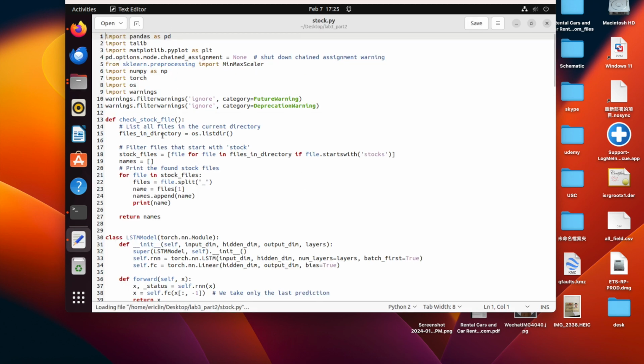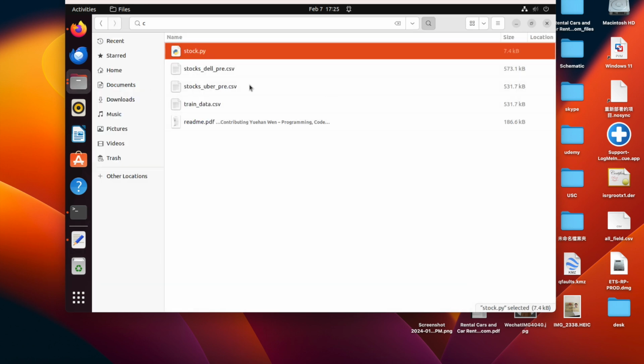Right now we are in our main screen for simulating the stock trading environment. You can see we will use two files, stock.dell and stock.uber, as our simulator environment data.